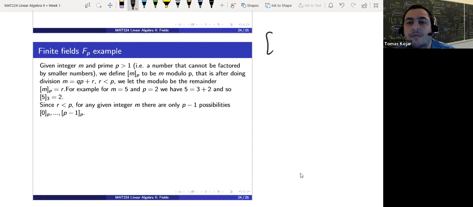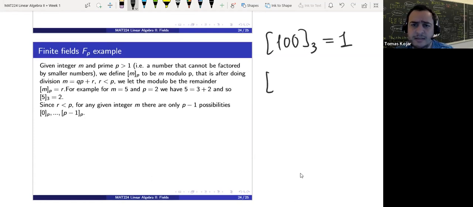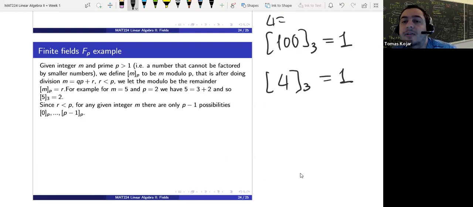We found that 100 modulo 3 was 1, but so is 4 modulo 3, because 4 is equal to 3 plus 1.